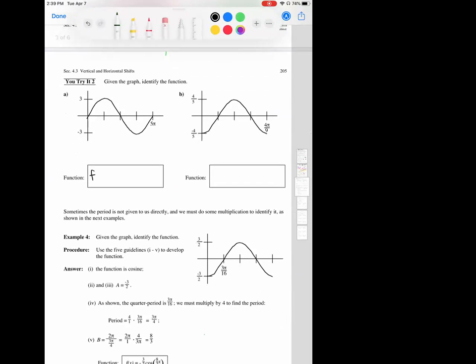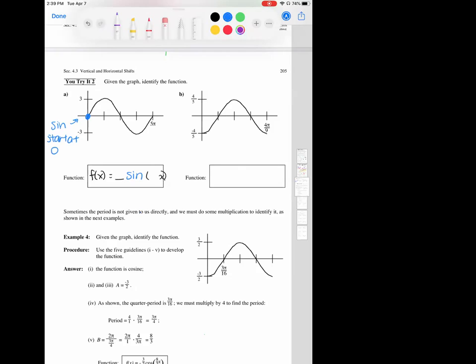So we have f of x is equal to something cosine of or sine of something x, right? Because I am starting at 0, I know this is going to be sine because I start at 0. So I know I have sine.